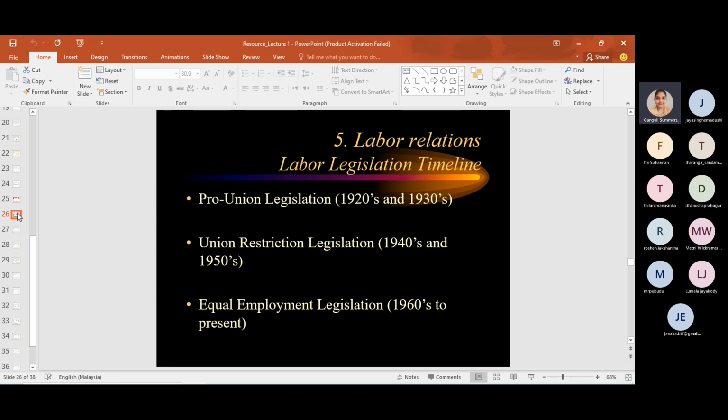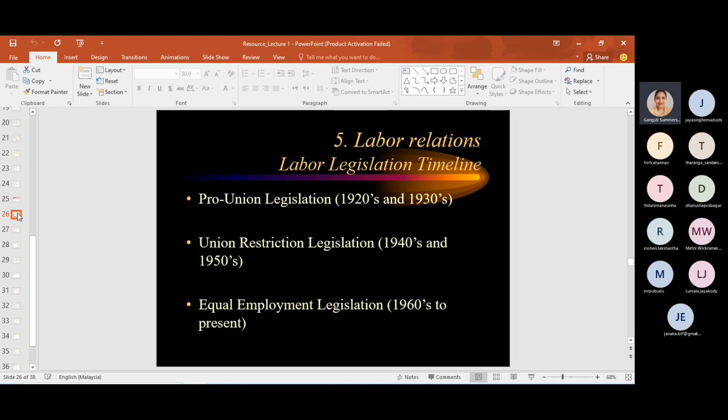When I explained the HRM components a few minutes ago, I told you that labor relations is about managers having good, effective relationships with labor unions.